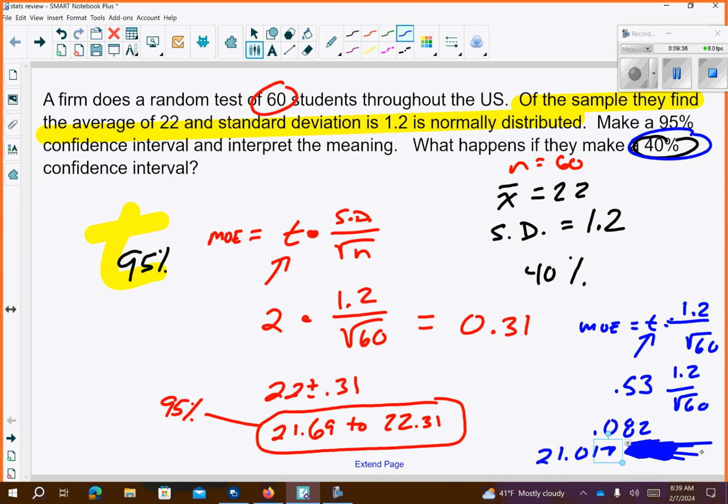Like, when did you use the 59? For like 60 minus 1? Where are you saying 60 minus 1? Like the t distribution, right?